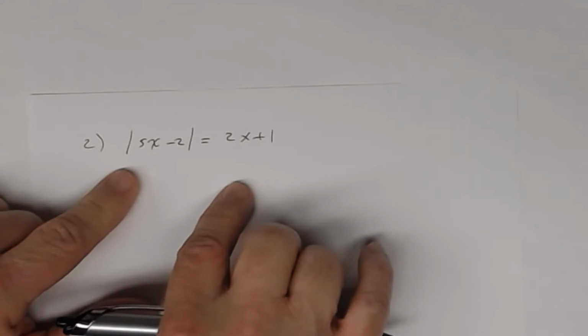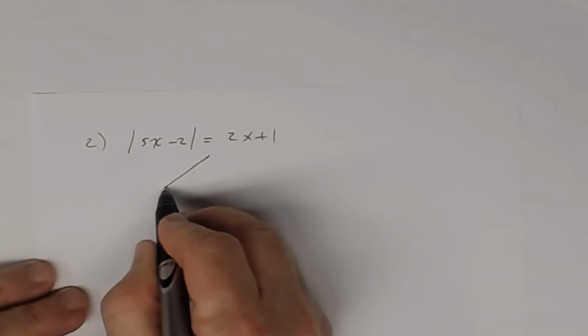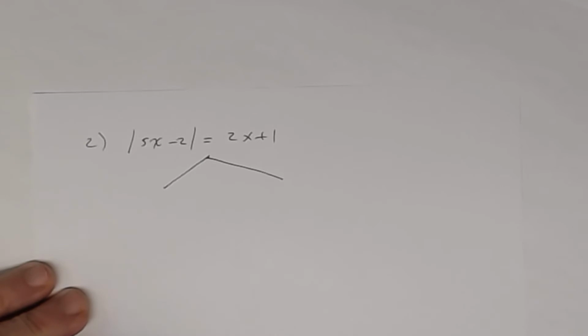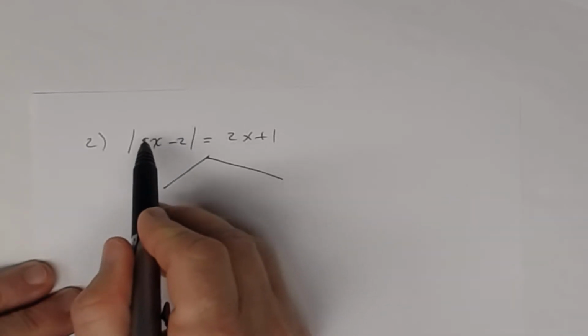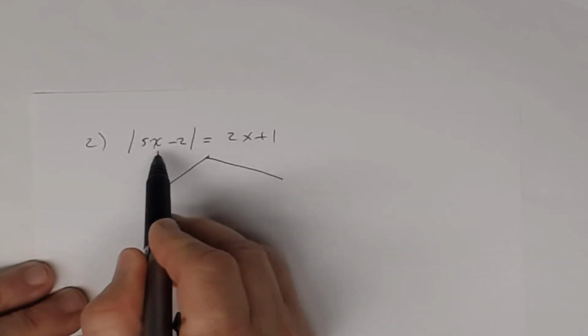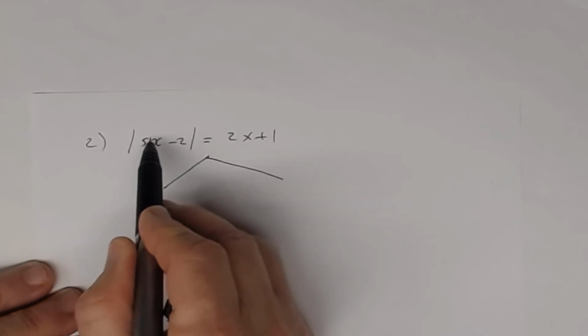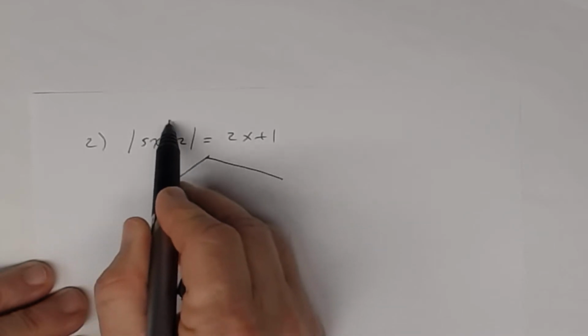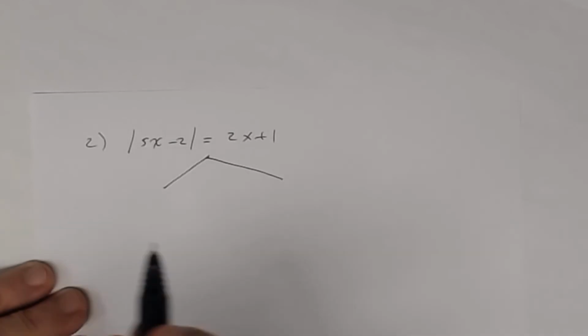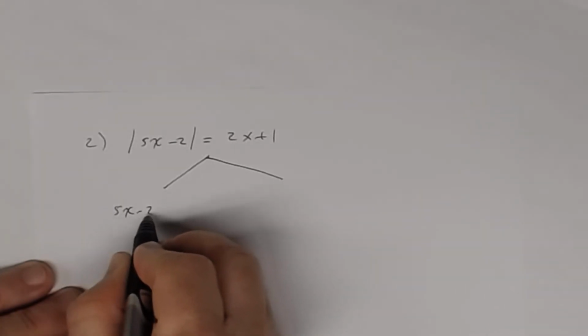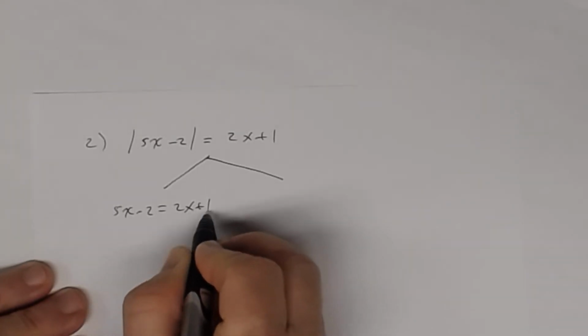So I know I'm going to write this as two situations, right? So situation 1 would be that if 5x minus 2 is positive, then this expression and this expression have to be equal. So 5x minus 2 must equal 2x plus 1.